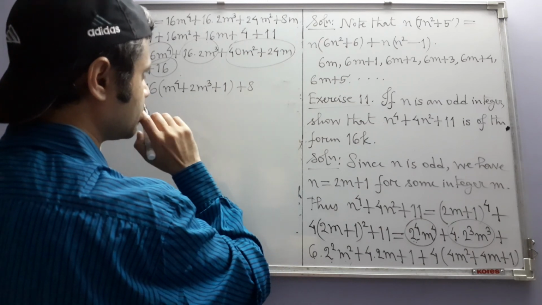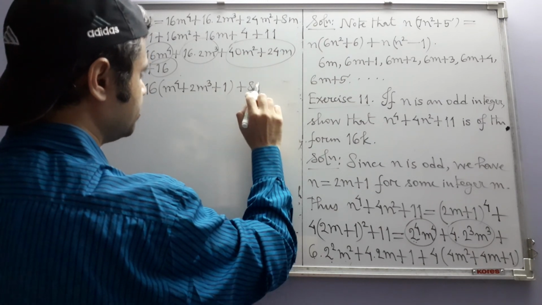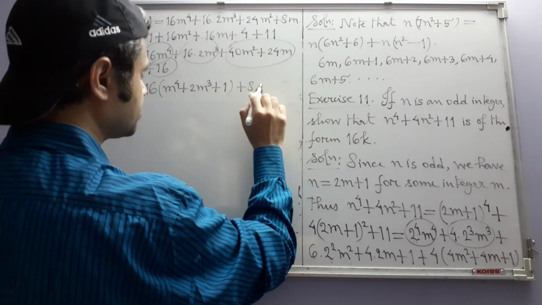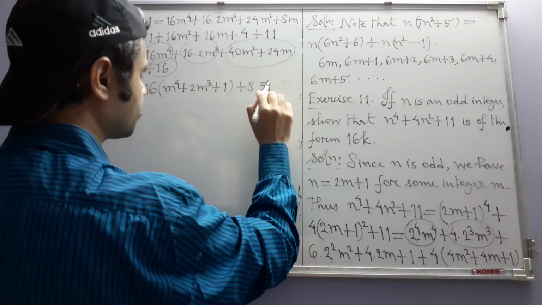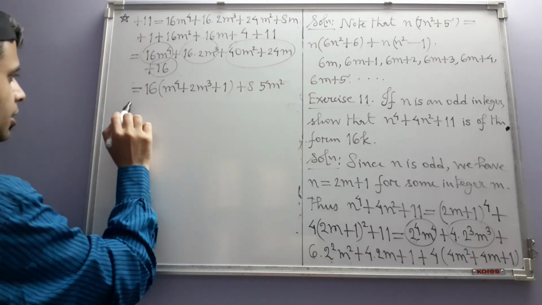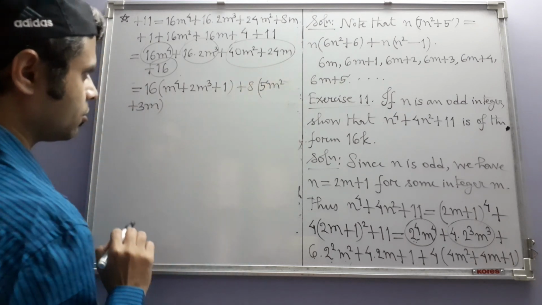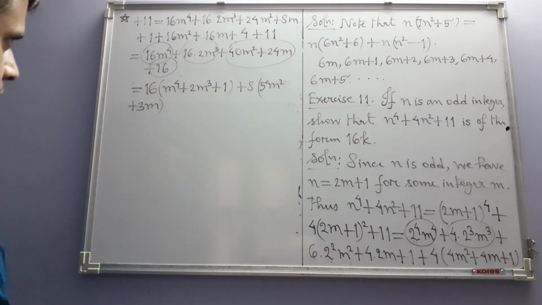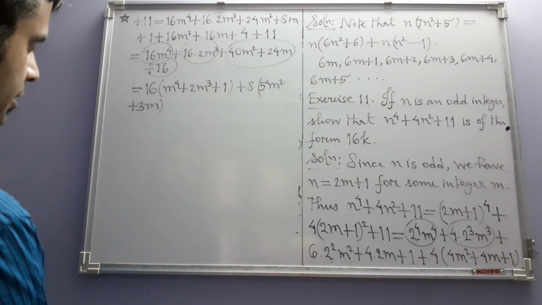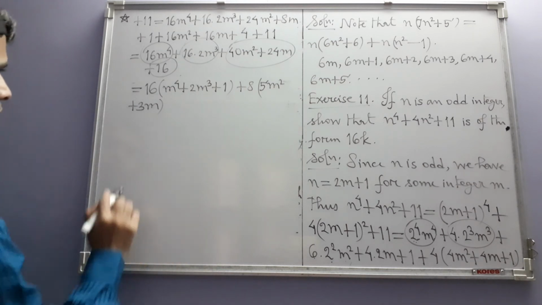Okay, now if we take 8 outside, then 5m square plus 3m.